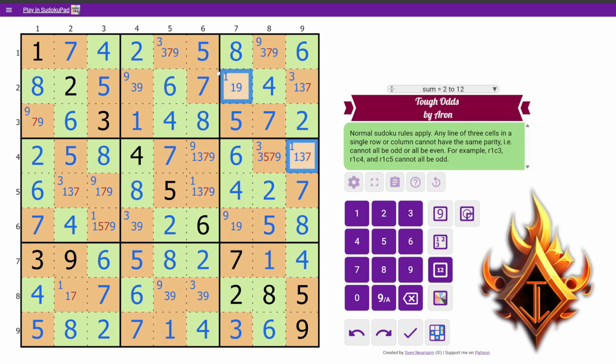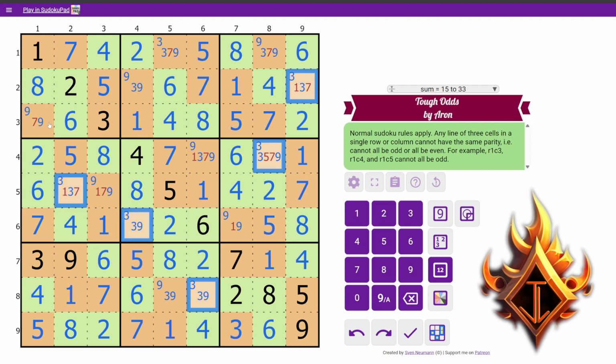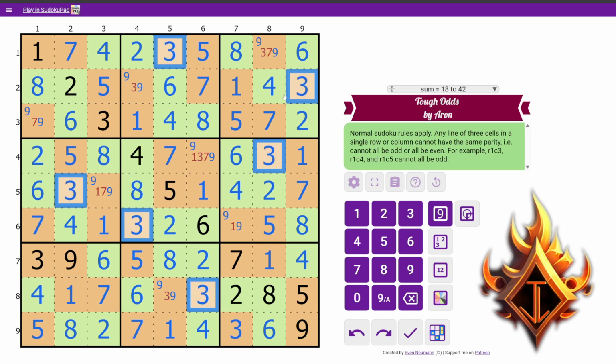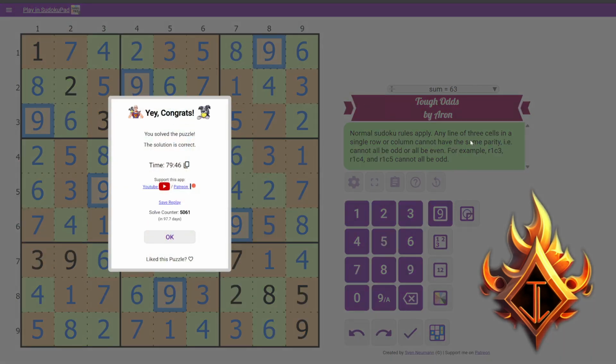The ones with the 1s are 1s. Threes. And 9s. Wow, that was correct. Nice.